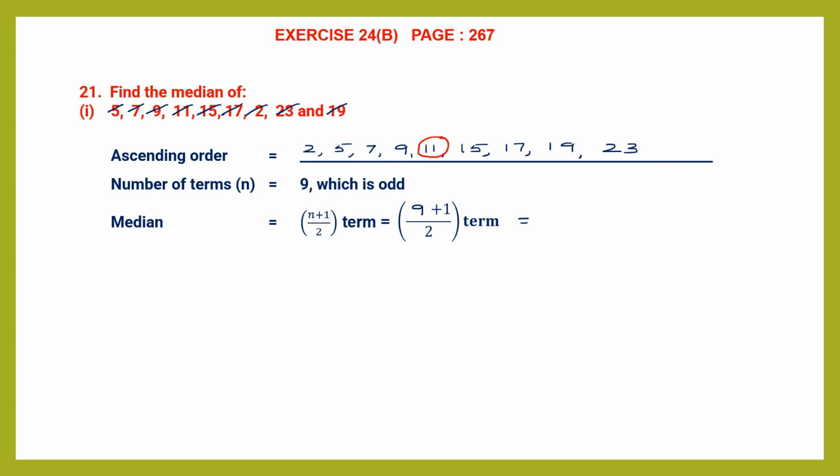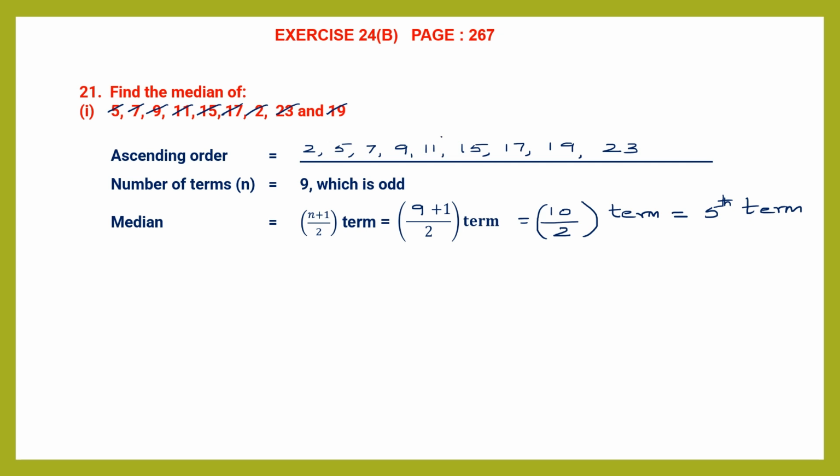9 plus 1 is how much? 10 by 2. So this term, 10 by 2 term, that means 10 divided by 2. 10 divided by 2 is 5. So this is the fifth term. And the fifth term, let's look and see. We have circled there. Fifth term is 11. So let's check that once more.